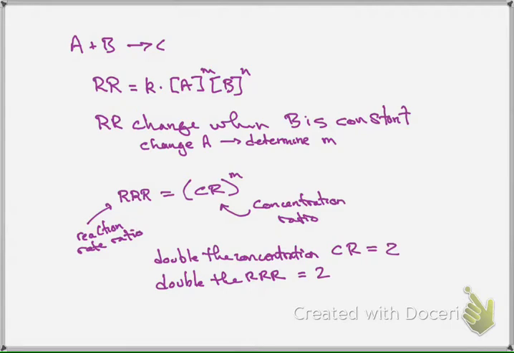And we said, oh, it doubled. Well, that's the reaction rate ratio, really. It's the doubling of the reaction rate. So I would write something like this. 2 is equal to 2 to the n. And so n has to be first order.